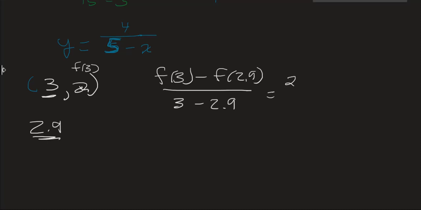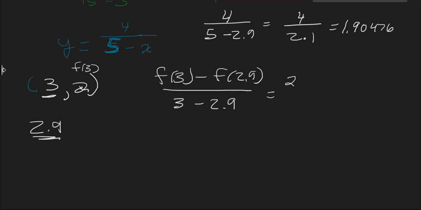f of 2.9, I get by plugging 2.9 into here. So this is 4 over 5 minus 2.9, which is 4 over 2.1, which is 1.9047619. The problem says to 6 decimal places, so when it's to 6 decimal places, carry your intermediate values out to at least 7.